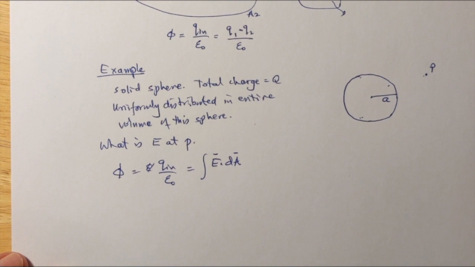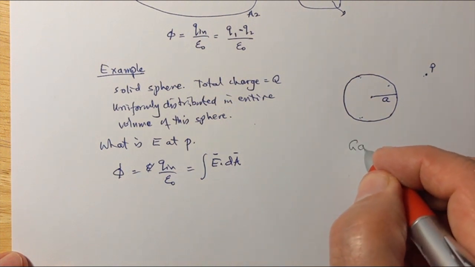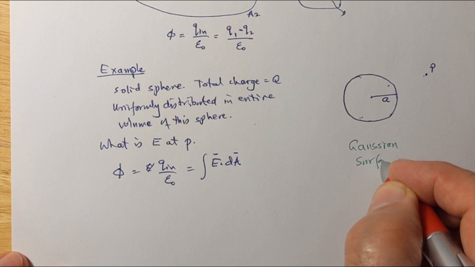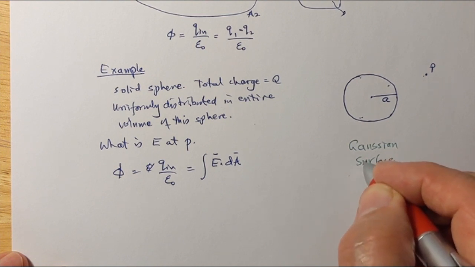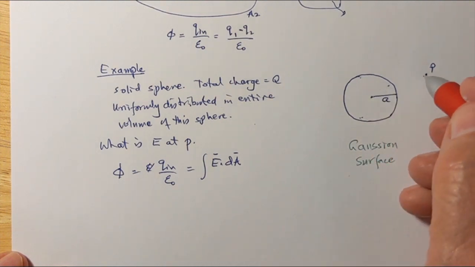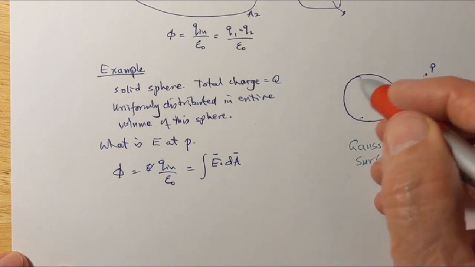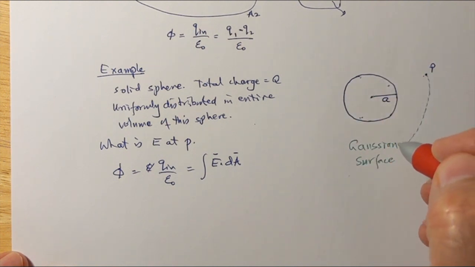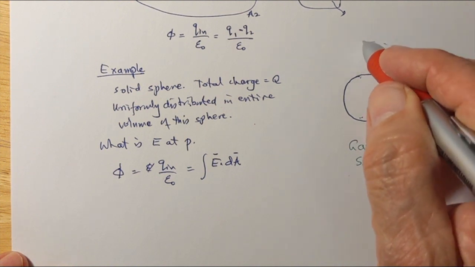So the procedure is that the first thing we do is we make what we call a Gaussian surface. This is an imaginary surface which is spherical in this case, because this is spherical, and it's concentric with this sphere.